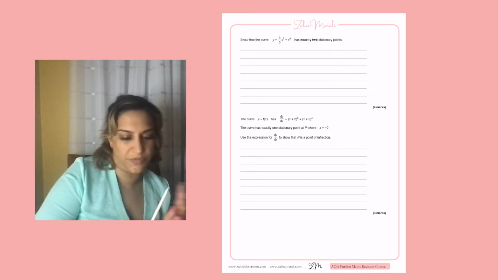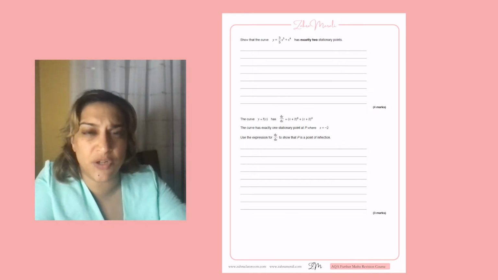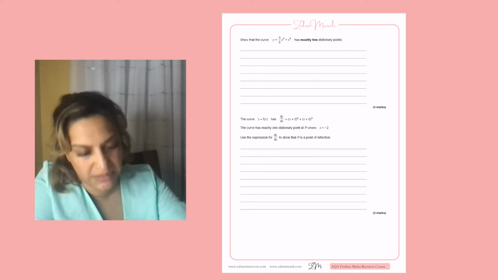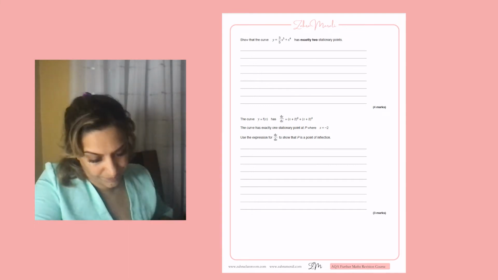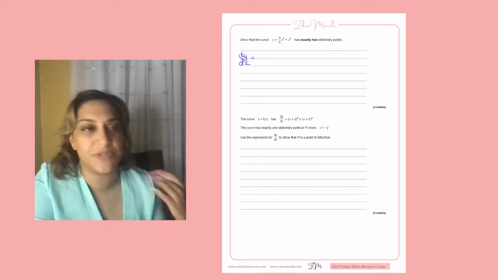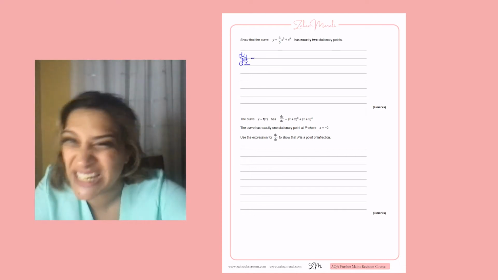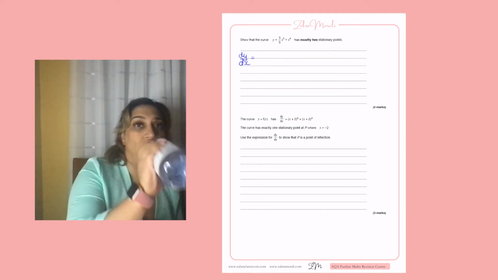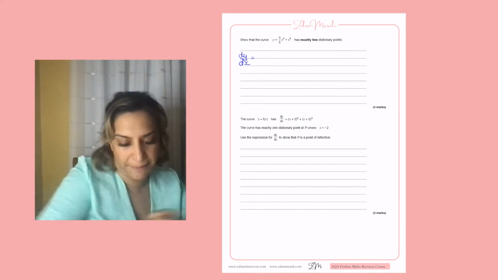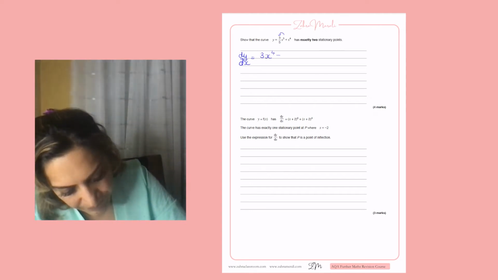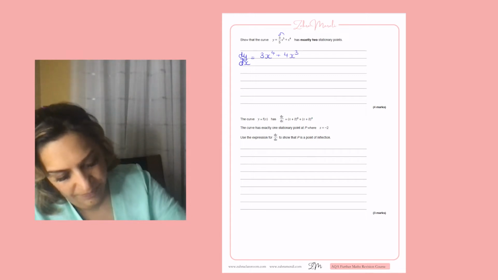Right, so we've got to show that a curve has exactly 2 stationary points. Step 1, we're going to differentiate it. When you see stationary points, turning points, your brain's going to go: differentiate, differentiate. So we bring the power down and take 1 away, and we get 3x^4 + 4x^3.